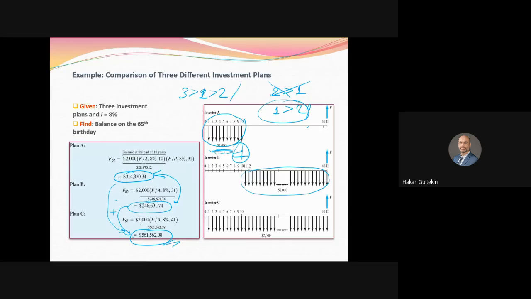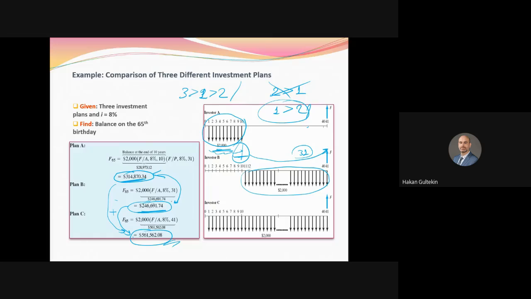You have an accumulated amount of money. You don't withdraw it. That money still remains in your bank account and still earns interest for 31 years. And therefore, as you can see, this 314,000 something is significantly larger than this one. This is a good example that shows the time value of money.